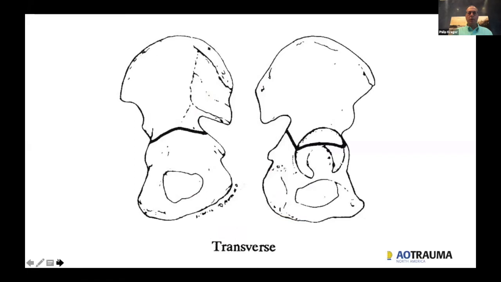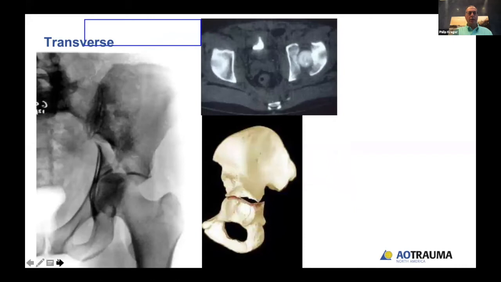So the transverse fracture is a pure line fracture, and here is a radiographic depiction of it. In the CT scan, we oftentimes see the simple anterior to posterior transverse nature of the fracture, and in the bottom right there, a typical transverse or so-called transtectal transverse fracture.